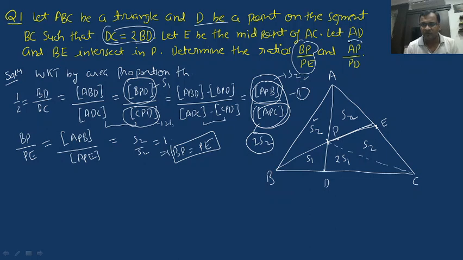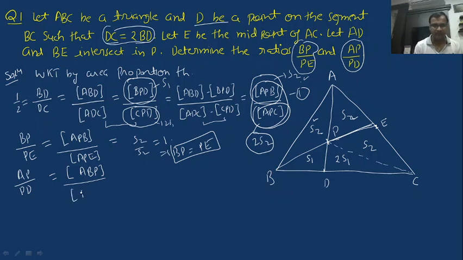Now we have to work on the ratio AP is to PD. By the same area proportion theorem, BP upon PD equals area of triangle ABP upon area of triangle BPD, that is S2 over S1. So we have to connect S1 and S2.